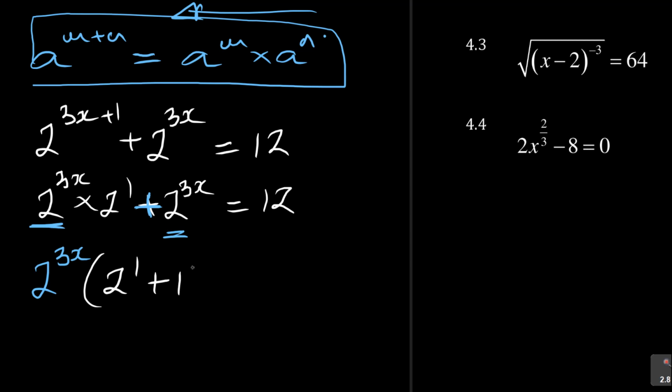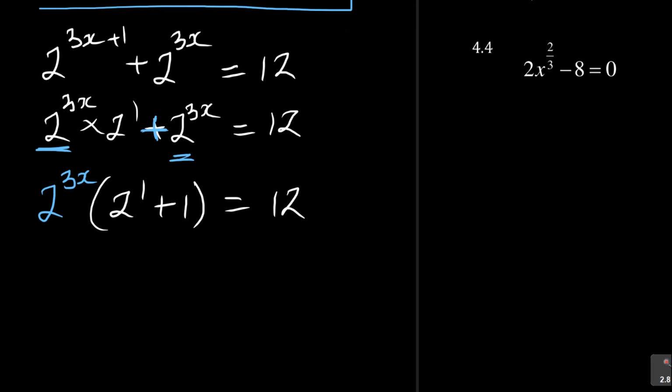So it's plus 1 is equal to 12. That's how you solve this. Then you continue with 2 to the power of 3x here. Now inside the bracket, what do you have? 2 to the power 1 is 2. 2 plus 1 is 3, is equal to 12.